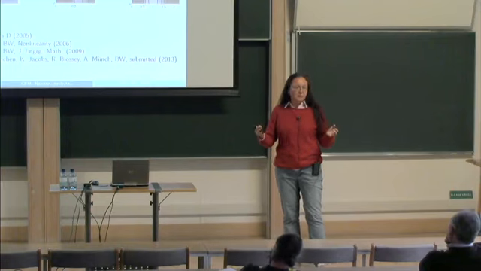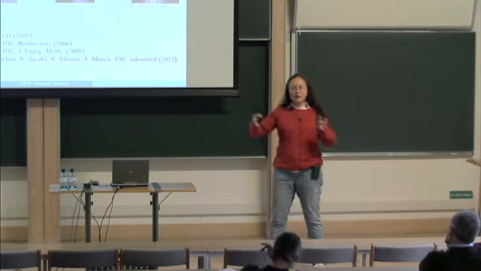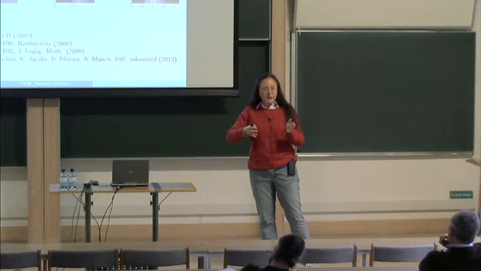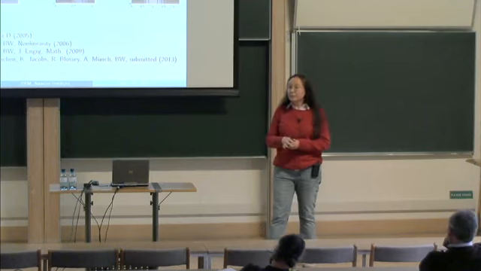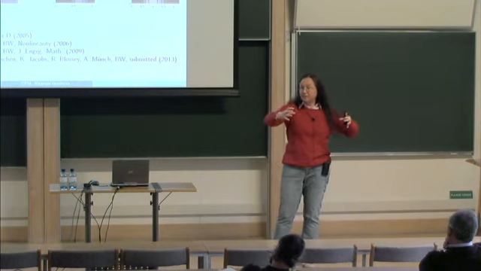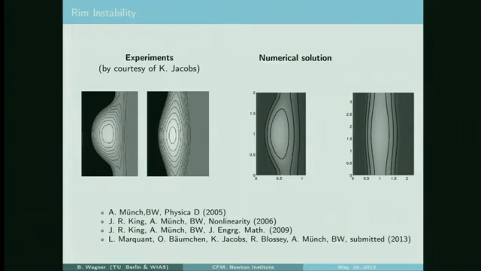T to the minus 1/3 says that as the rim grows, the de-wetting rate slows down. Now imagine you have a rim that grows and you perturb it, so you have bigger places and thinner places. The bigger places will grow slowly, staying behind basically, and the thinner parts will de-wet faster. And so this explains the asymmetry in a heuristic way.